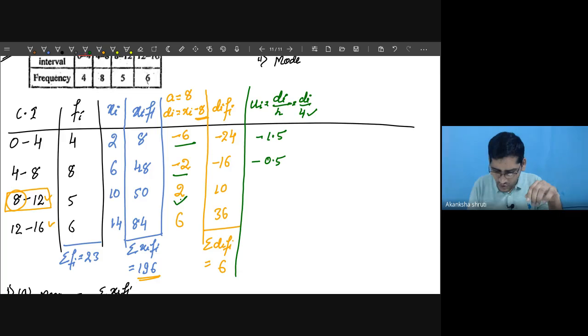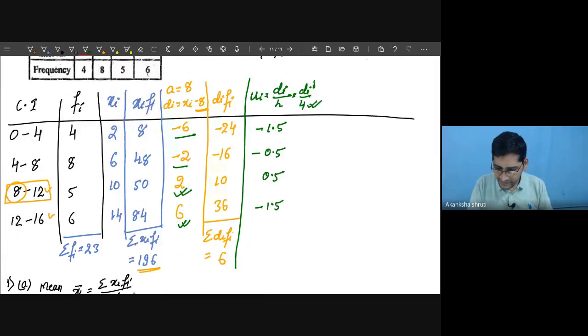Next one is this 2 divided by the 4. It is 0.5. What is the next one? 6 divided by 4. So it is again 1.5.